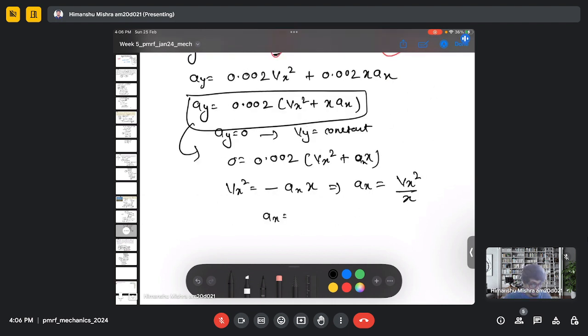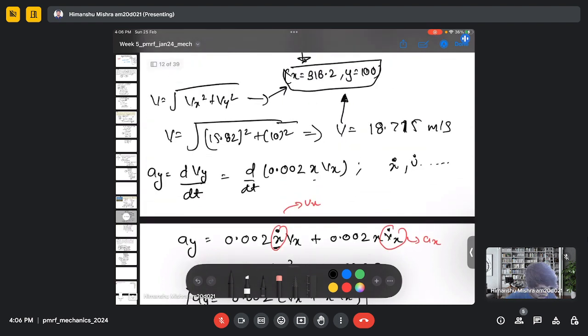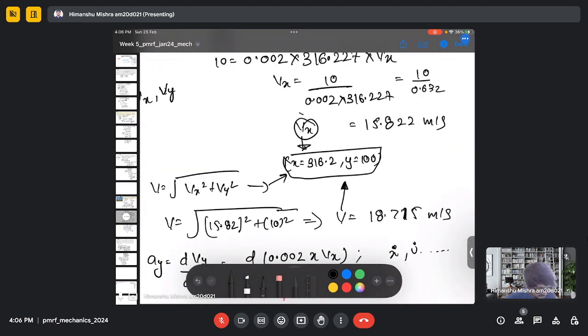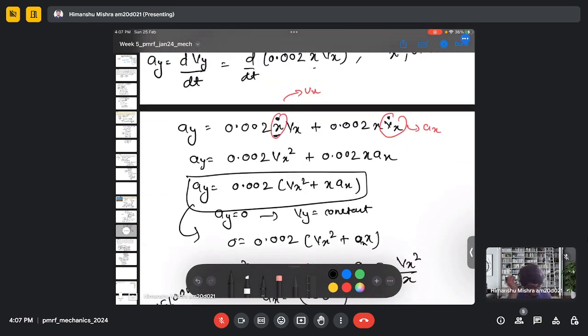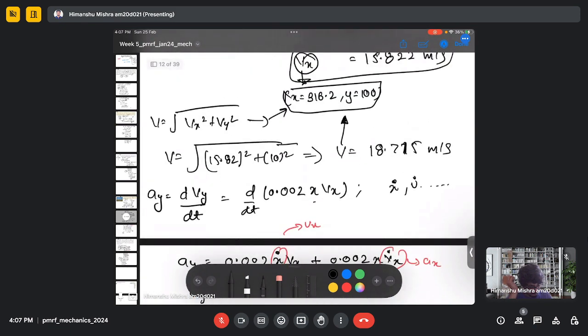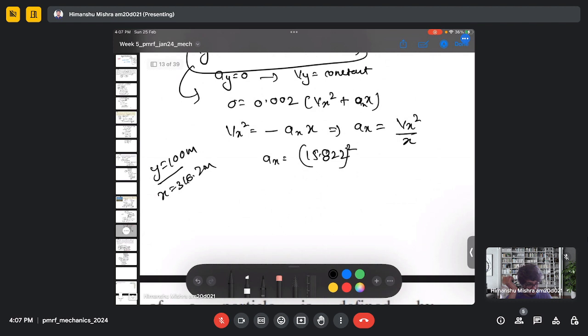We already found vx, which is 15.822, and we need to find the magnitude of acceleration at y equals 100 meter. At this y, my x is 316.2 meters, so I will put this here.